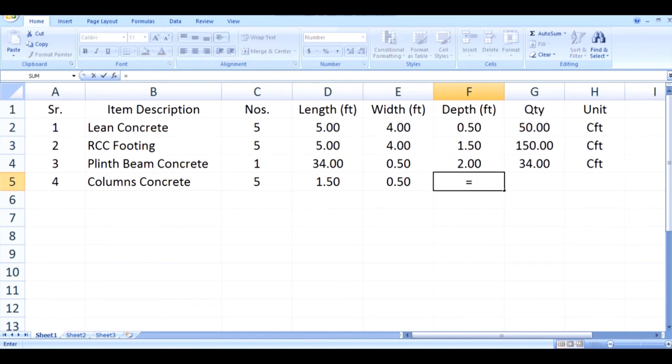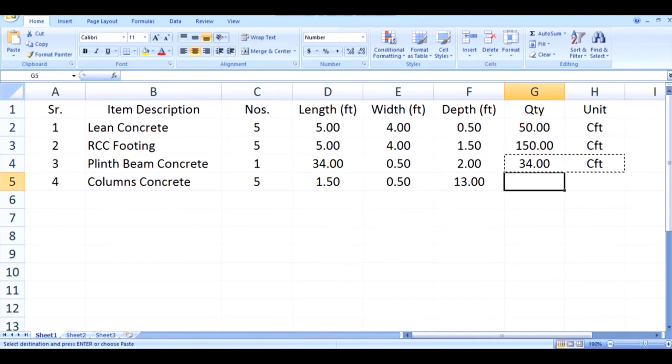Here write 8 plus 2 plus 5 and minus 0.5 feet of lean and 1.5 feet of footing. The net depth of the column is 13 feet. Multiply all these and get the answer. The total quantity of 5 columns concrete is 48.75.